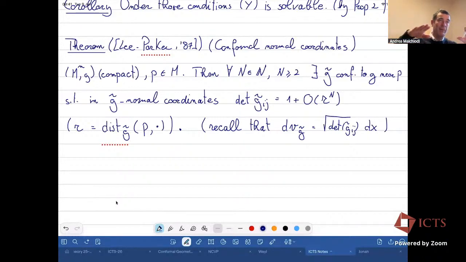So the volume element becomes very close, as much as you want, to the Euclidean volume. So this is 1 plus big O of r to the n times dV Euclidean.